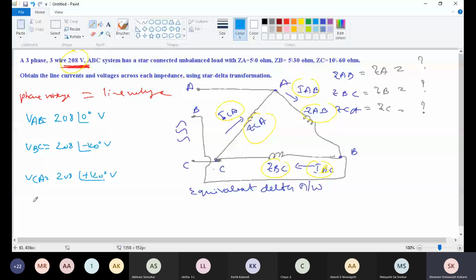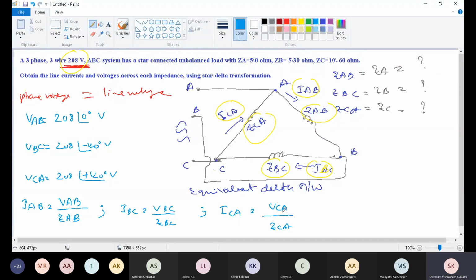Now we need to calculate IAB, that is VAB divided by ZAB. Then IBC, that is VBC divided by ZBC. Then ICA, that is VCA divided by ZCA. After calculating VAB, VBC, VCA and IAB, IBC and ICA, I need to calculate the line currents, because in the question they have asked us to calculate the line currents.